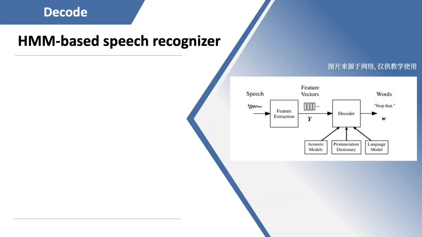HMM-based speech recognition has 2 main stages, including training and recognizing. Training stage aims to estimate the parameters of acoustic and language models. The recognizer or decoder converts the input speech feature sequence into a character sequence based on the dictionary, the acoustic model and the language model.